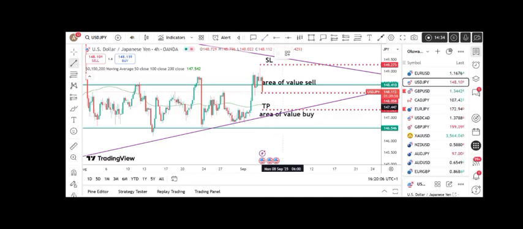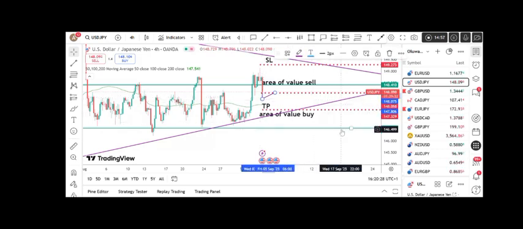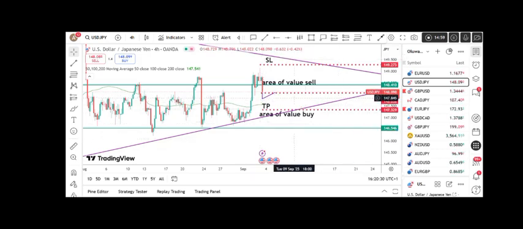Let me draw the chart this way. Break it, then move back to that place. So we can now go for a sell. This is our entry for sell.